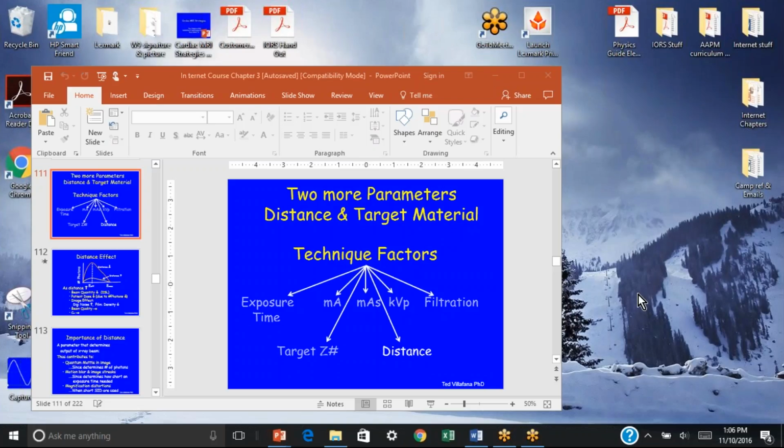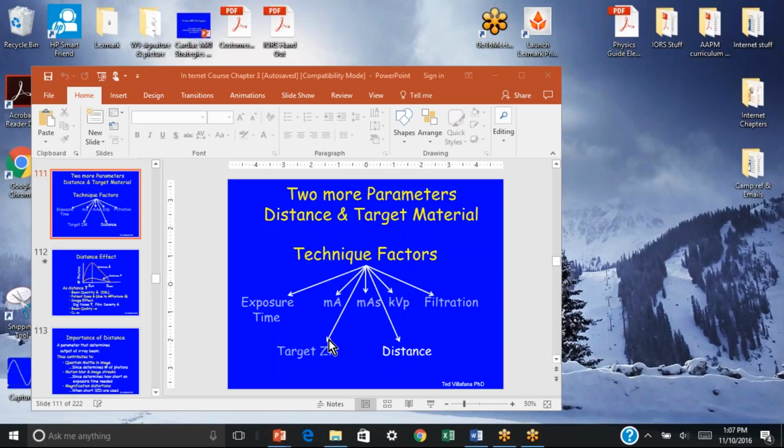Where we're at is we're looking at various technique factors. What factors determine the final image as far as the exposure technique? The exposure technique consists of the time of exposure, the mA, the mAs, the kV, the filtration, and the last one we looked at was the target atomic number.